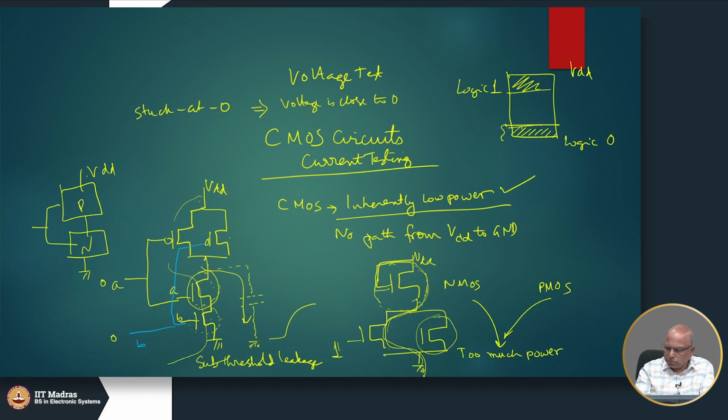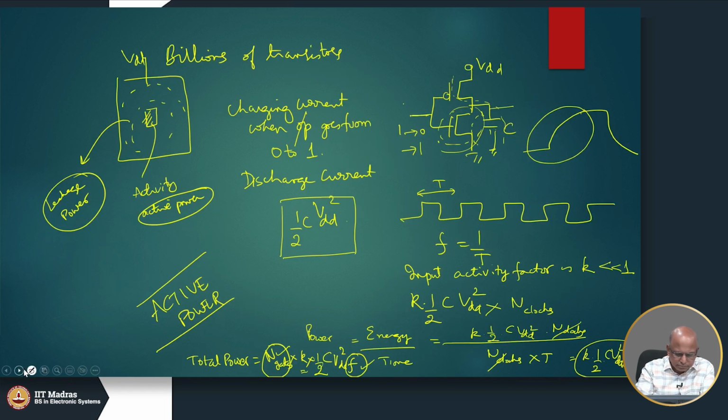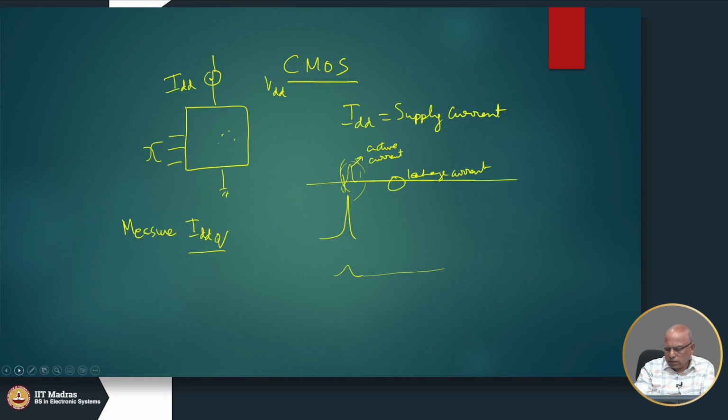Maybe it's easier to appreciate this in an inverter. So let us take an inverter here. Imagine that this guy is permanently on. Then when I apply a 0 here, there will be a conducting path, and both transistors will continue to conduct forever. As a result, a fairly large amount of current will flow, and that current will definitely be higher than this current.